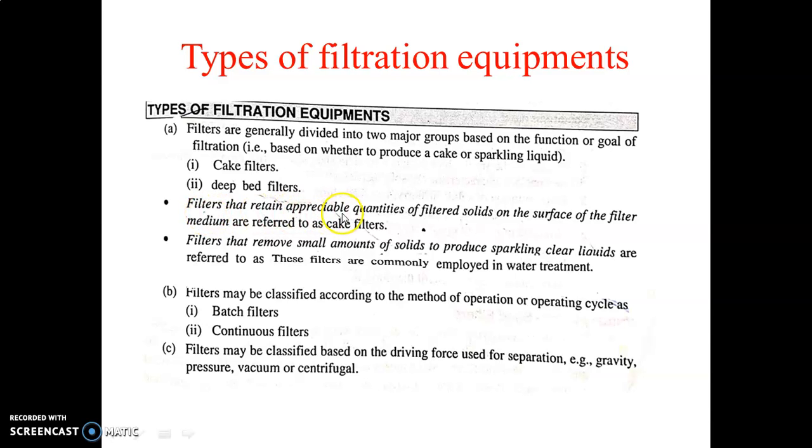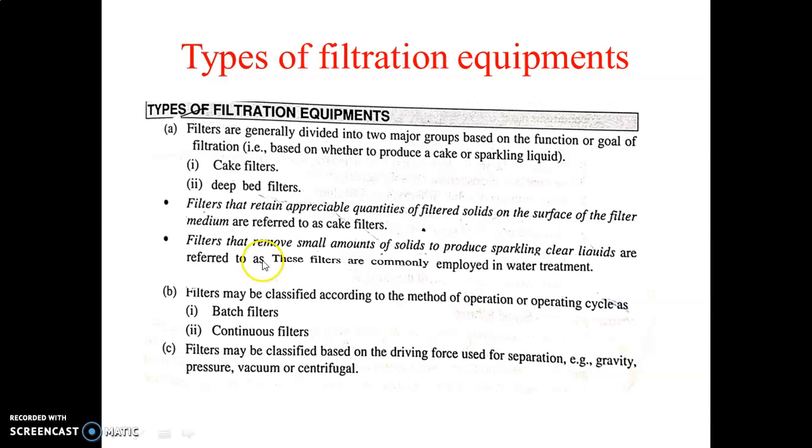Filters that retain an appreciable quantity of the filtered solid on the surface of the filter medium are referred to as cake filters. And deep bed filters remove a small amount of solids to produce sparkling clear liquids.